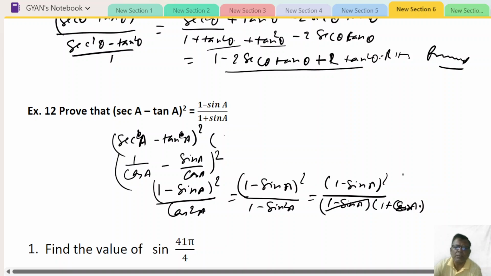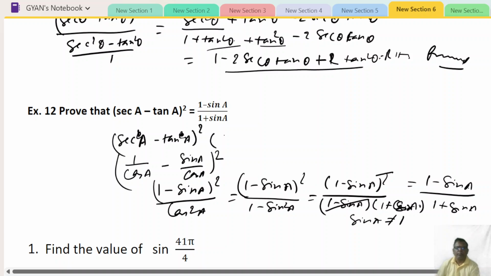This 1 minus sin A gets cancelled, then it becomes (1 minus sin A) by (1 plus sin A). Here also sin A should not be equal to 1. Then only you can cancel it, otherwise you cannot cancel it.